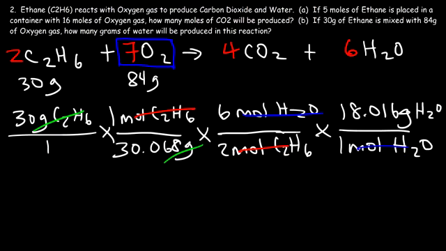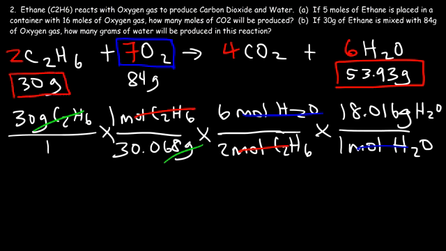It's going to be 30 divided by 30.068 times 6 divided by 2 times 18.016. So the answer that we have from ethane is 53.93 grams. So that's from ethane. I'm going to highlight it in red.